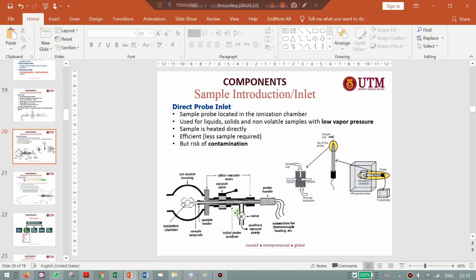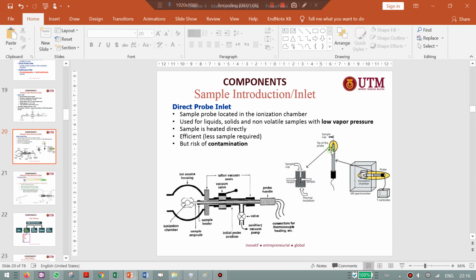As we can see in the graph, we have the sample probe and the sample ampule, and the sample probe moves towards the chamber. During the heating process your sample will be vaporized. At the ionization chamber, the ionization process happens, then your ions will be attracted to your mass analyzer over here.